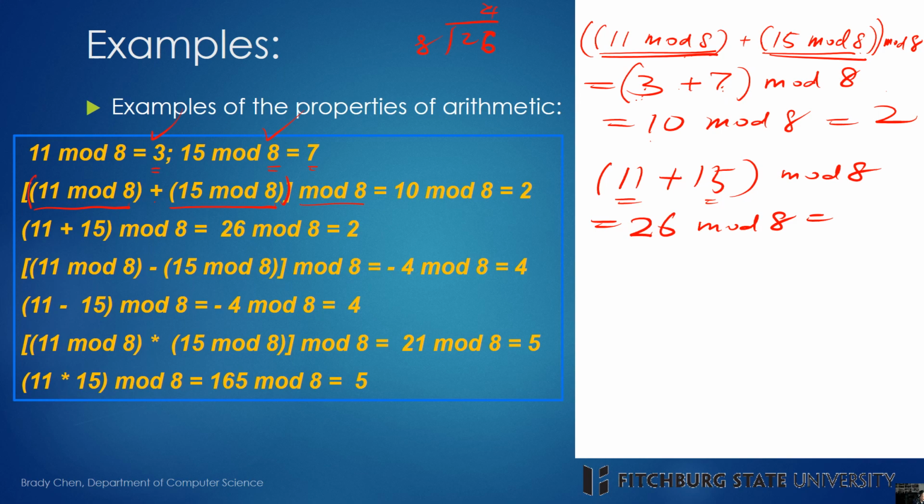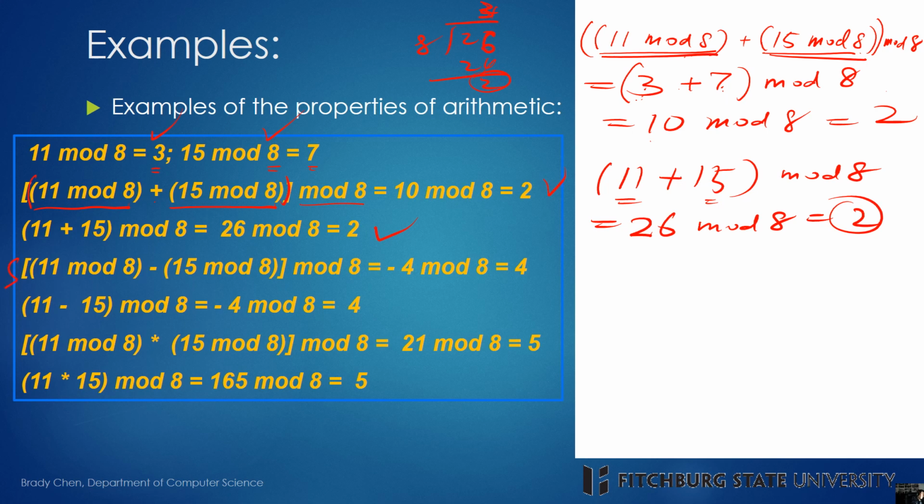Oh no, I'm sorry, it's 3. 3 times 8 is 24, and we got a 2, right? So we got the same result. That's expected because that's the property of modulo addition. So this is 2, and this is also 2.